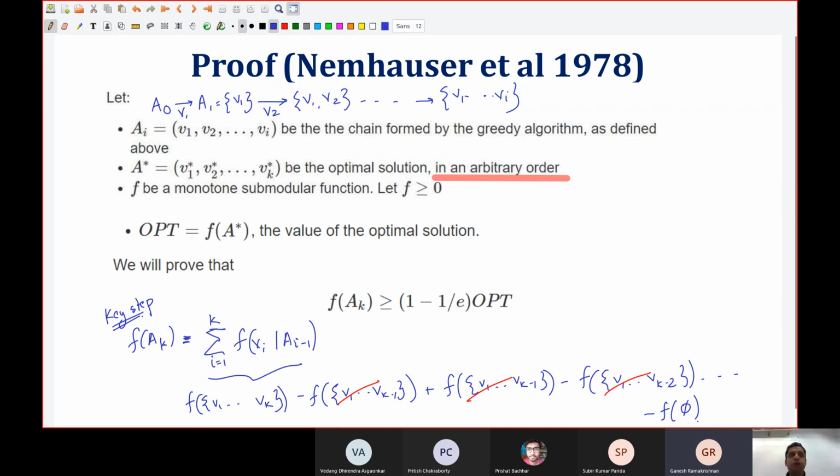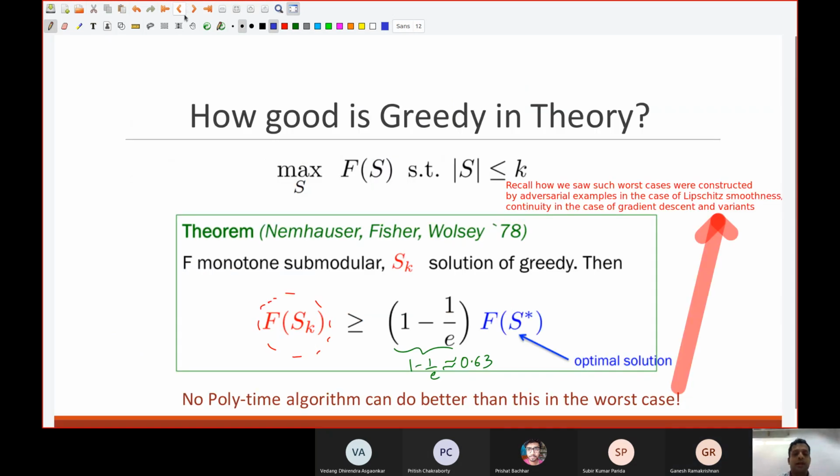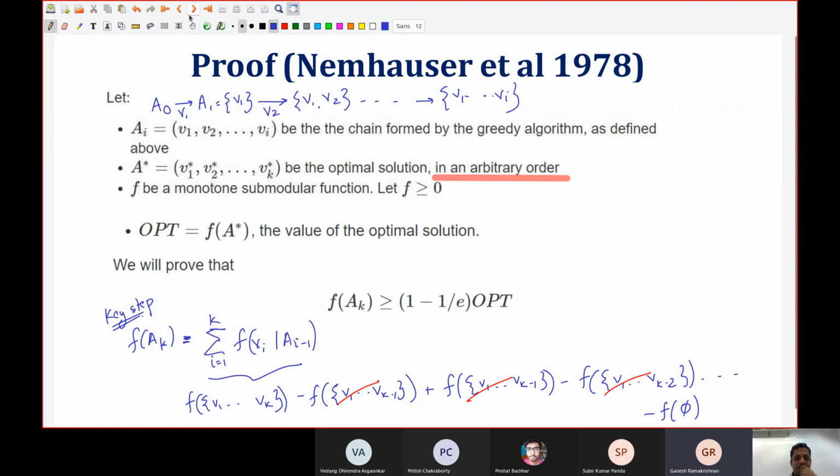Now, did we assume f of the empty set to be 0? If f of the empty set is 0, then you have a polymatroid. Now, is f of the empty set required to be 0 here? Let's come to that. Okay. Now, f is greater than or equal to 0. But we didn't assume that f of the empty set is 0. Is that required? So we'll see that next.